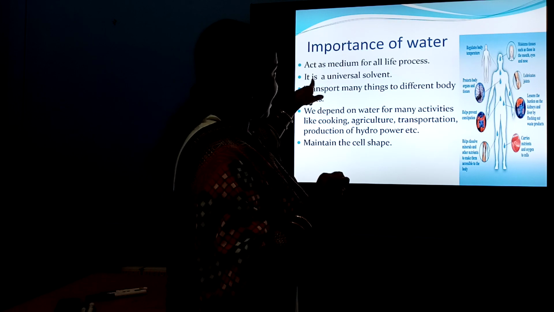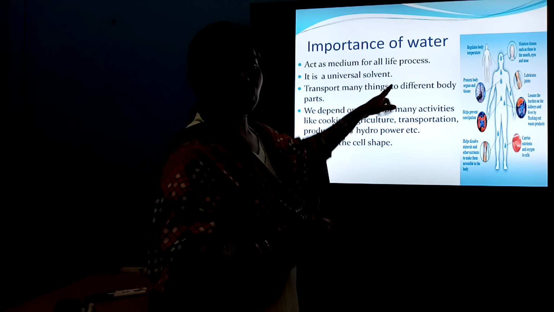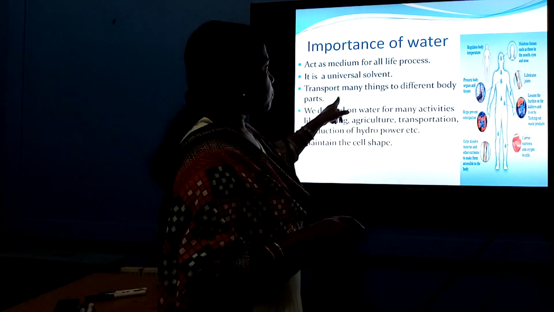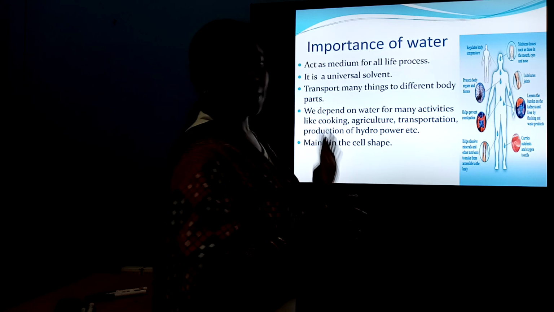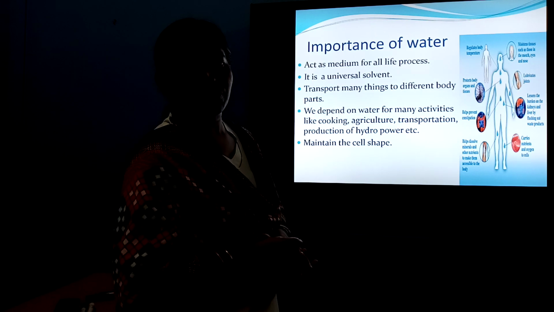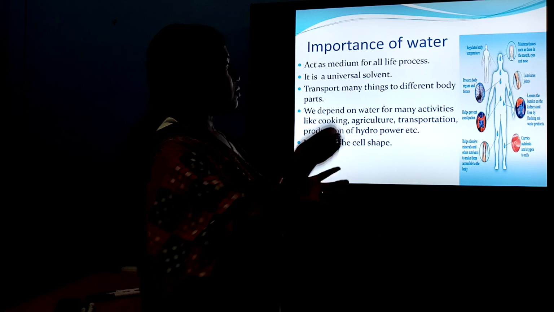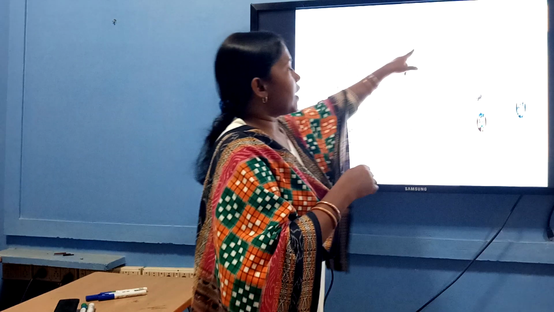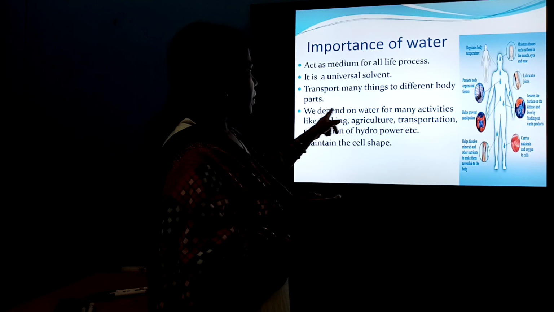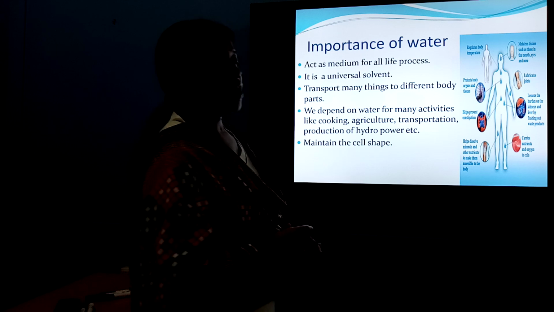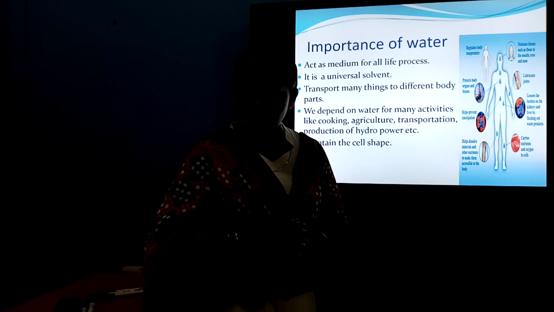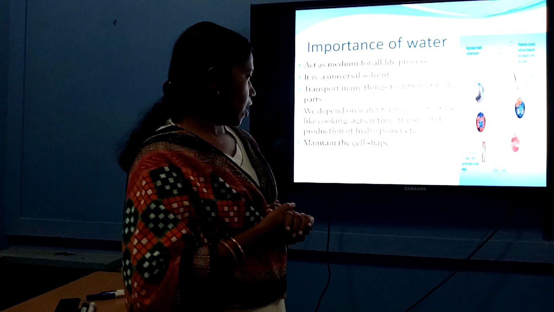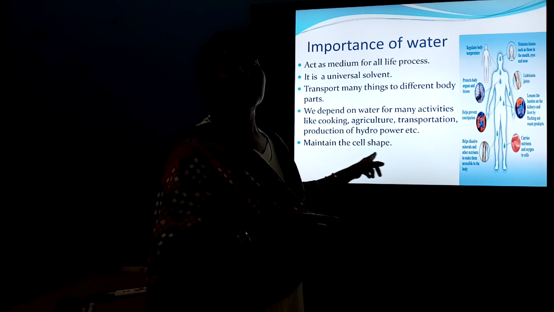Water is a universal solvent because it is able to dissolve many solutes. It also transports many things to different body parts, like hormones, because a medium is required to transfer hormones, and that medium is the blood, and the blood density is maintained by water. We also depend on water for many activities like cooking, agriculture, transportation and production of hydropower, etc. Water also maintains the cell shape.